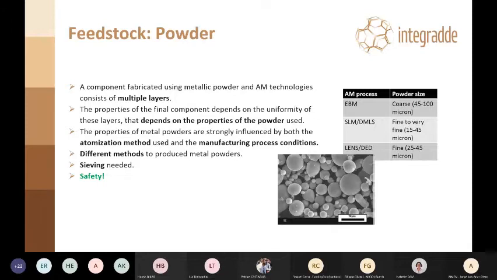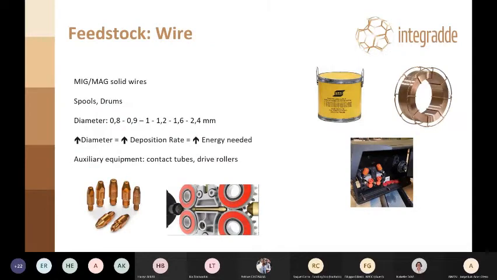As a comparison, for powder bed fusion by laser the powder sizes are finer, between 15 and 45 micron. As we are using very fine particles, we also have to consider safety precautions when handling these powders during manufacturing.